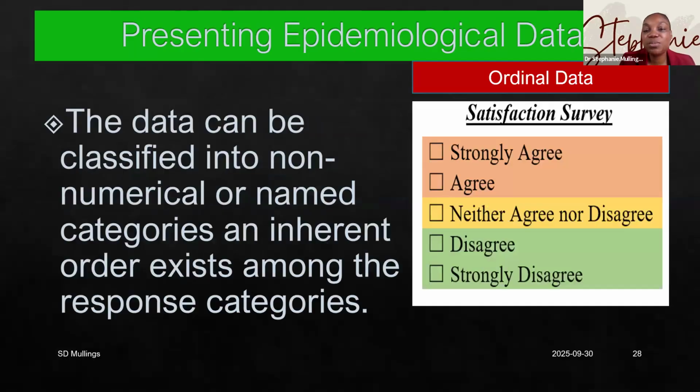So if it is that we needed to make a response of 2 or 3, then the question would be framed differently. But usually when we are using ordinal data, we may ask you, what's your highest level of qualification? If we were asking you about pain, we say on a scale of 1 to 10, how would you rate your pain? Or we can put it in other variables such as moderate, severe, or mild.